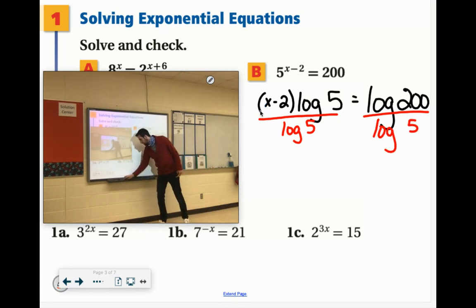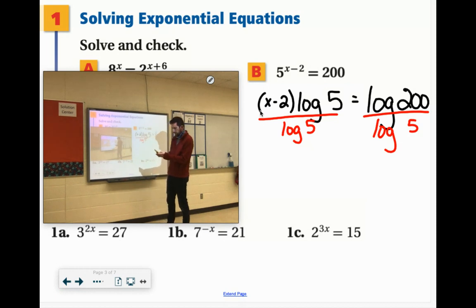So in my calculator, if I do log 200 divided by log 5, I get 3.292 and a bunch of decimals. So let's rewrite what we got here.